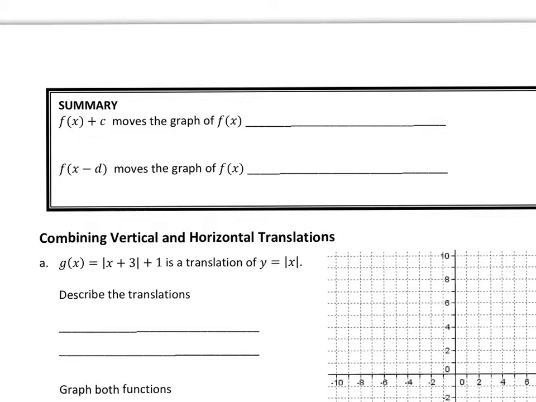So our summary for this is that f of x plus c moves the graph f of x vertically up or down. And f of x minus d moves the graph of f of x horizontally left or right.